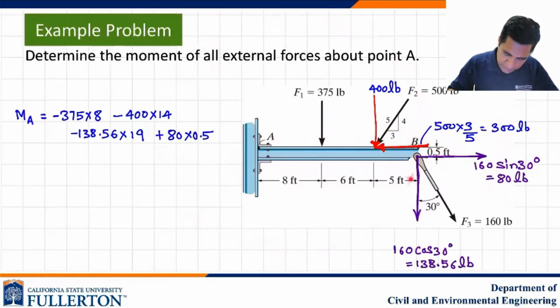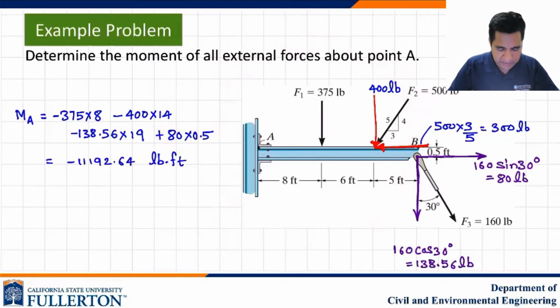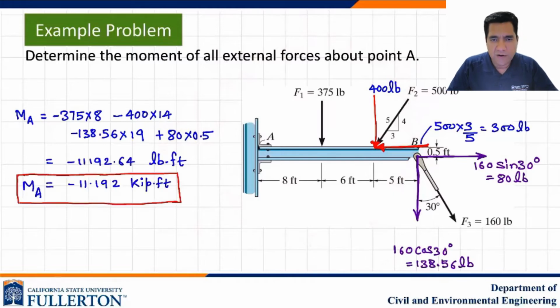Remember, the rotation is counterclockwise, or if you use your right hand, your thumb is pointing upwards. It's a positive moment. And if you put everything in the calculator, you get negative 11,192.64, or negative 11.192 kip feet.